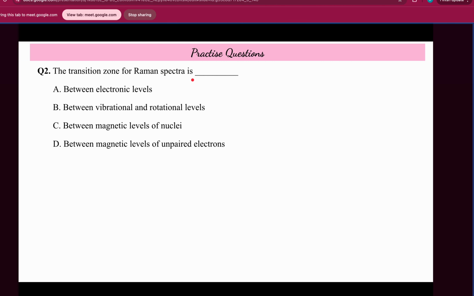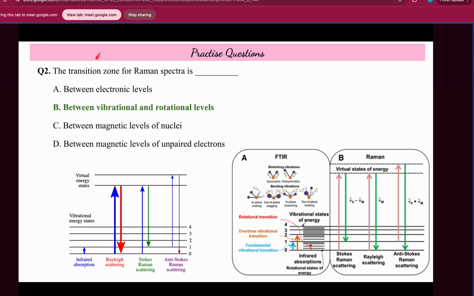For this Raman spectra, we have just discussed what the transition zones are. You have to focus on what changes are happening in the atom, due to which we are able to distinguish among different types of Raman spectra for different secondary structures or other things. Okay, so now let's see what is the right answer. The right answer is between the vibrational and rotational levels.